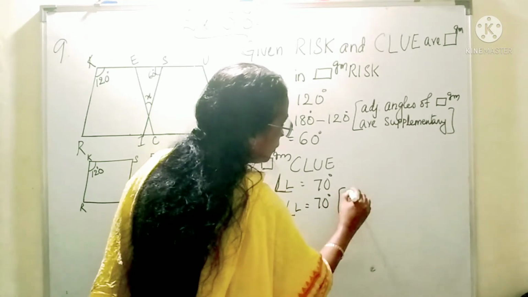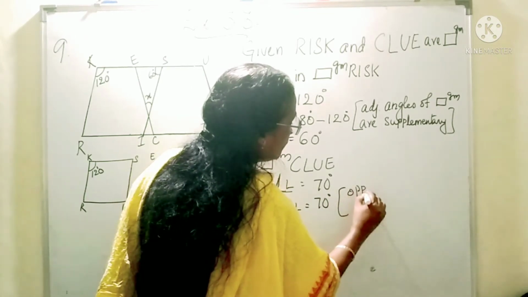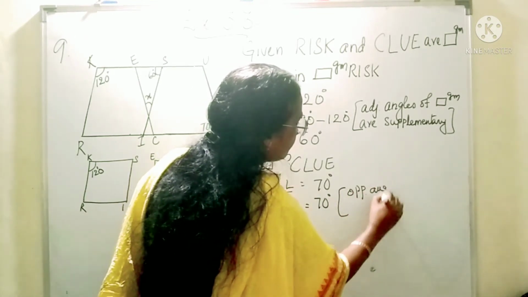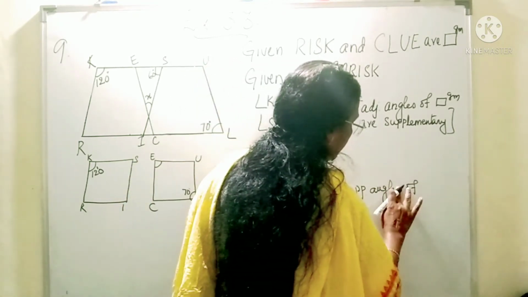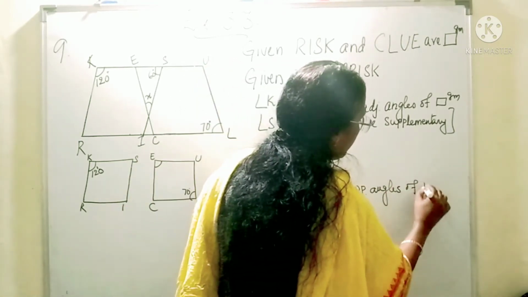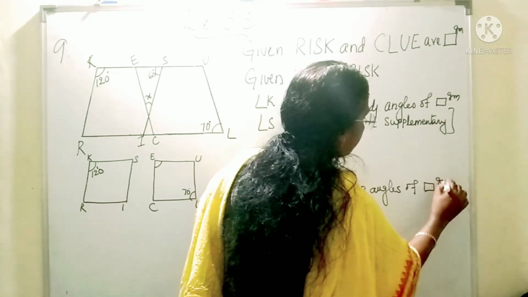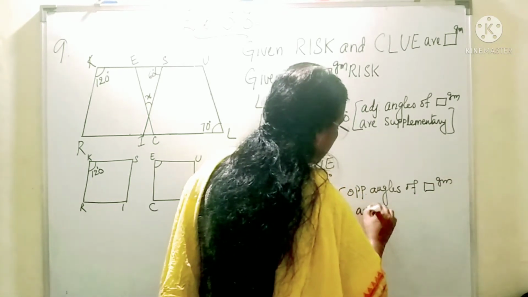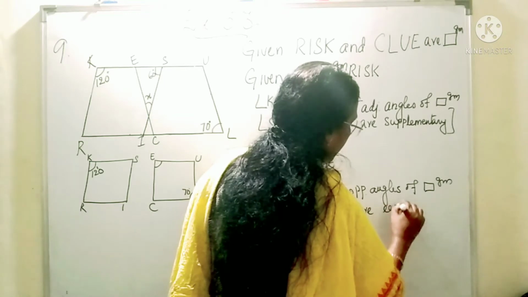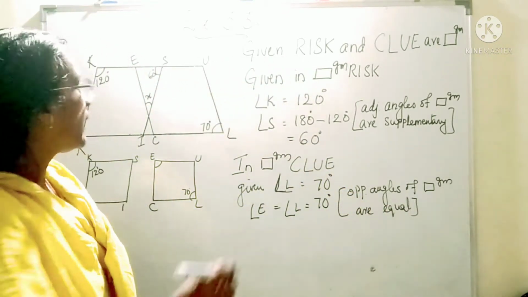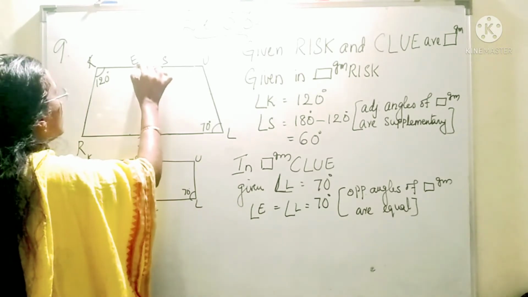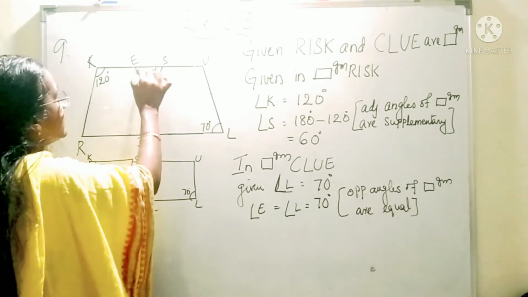Reason? Opposite angles of a parallelogram are equal. So you get this angle as 70.